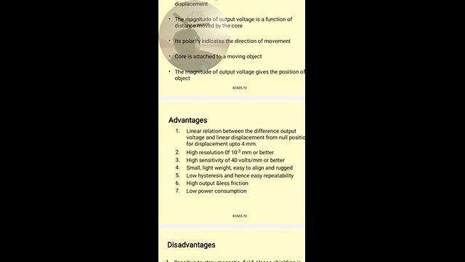So by knowing this voltage, we can easily find out the movement of the core from the center, at what distance it is present towards the left or the right of the null.